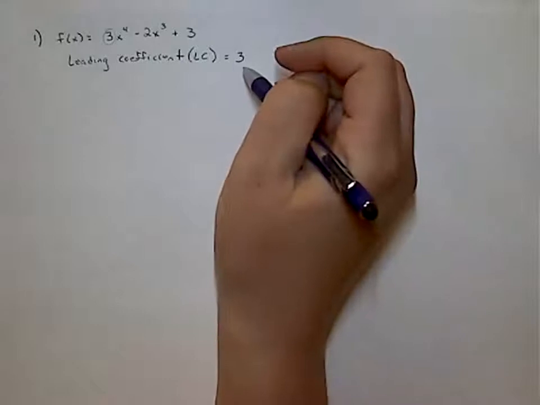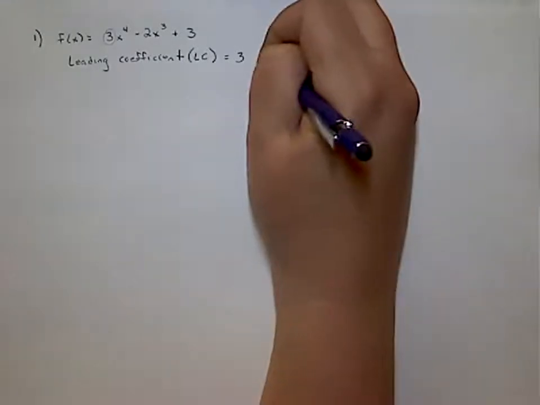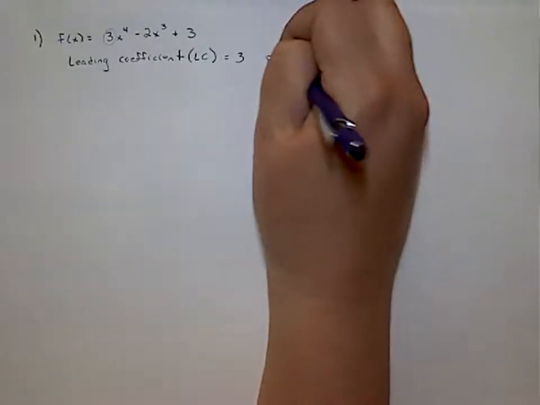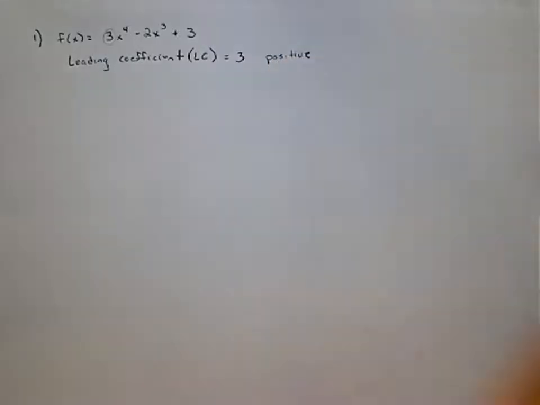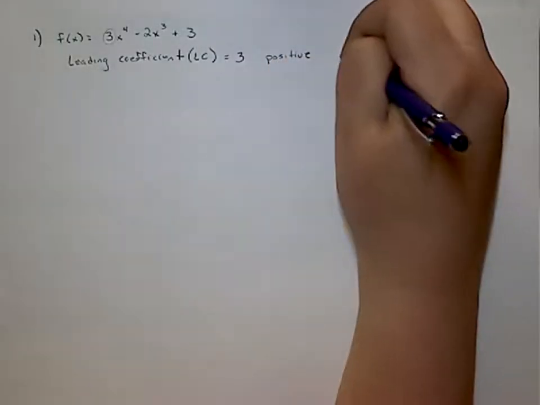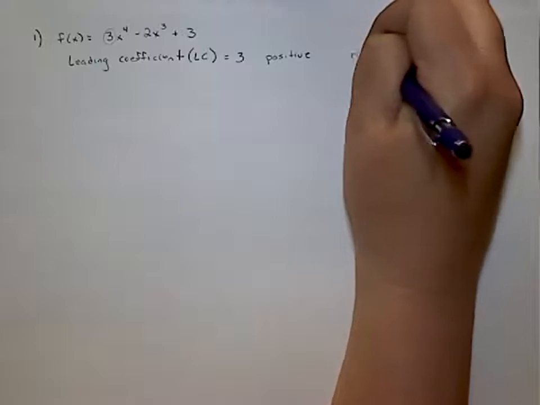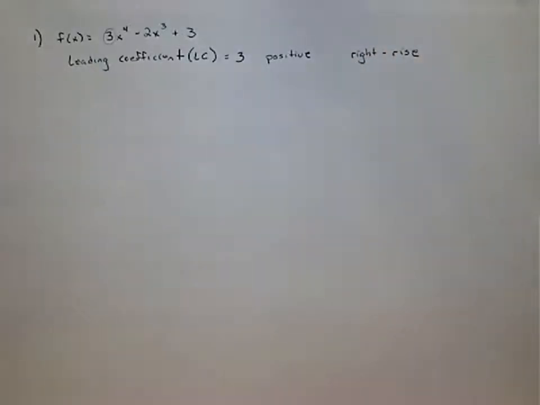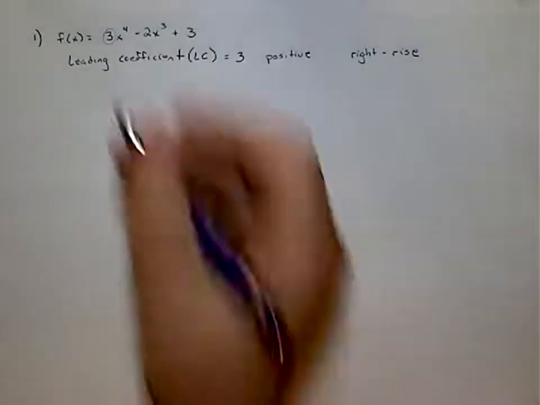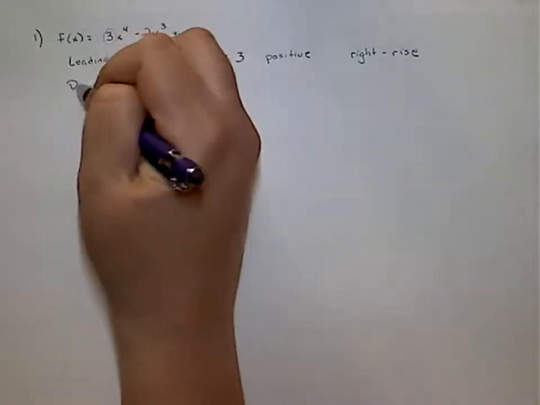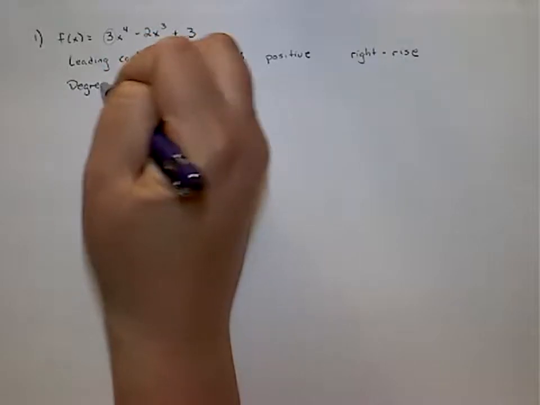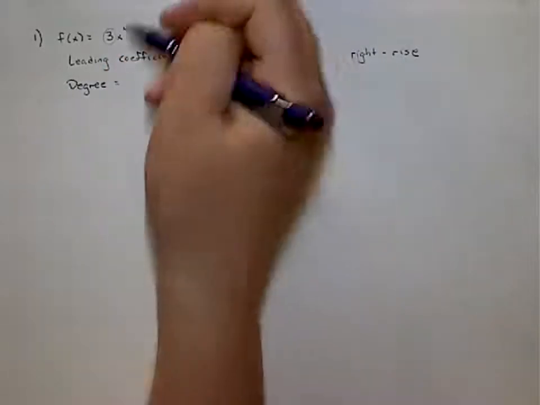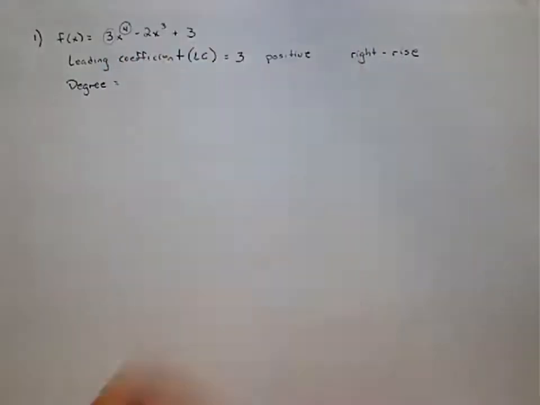Now the only thing that matters about that 3 is positive. So what does that mean? That means that the right side is going to rise. Okay, now we look at the degree of a polynomial. So the degree of this polynomial is 4.